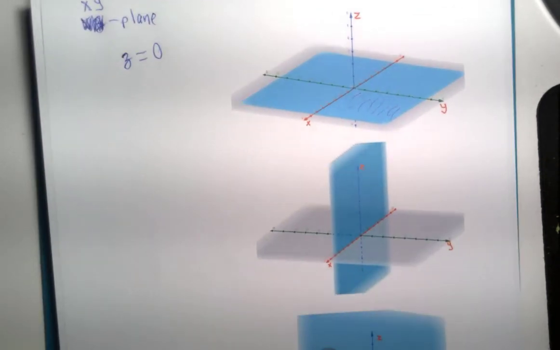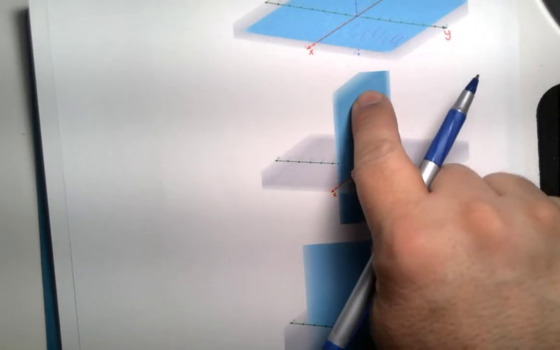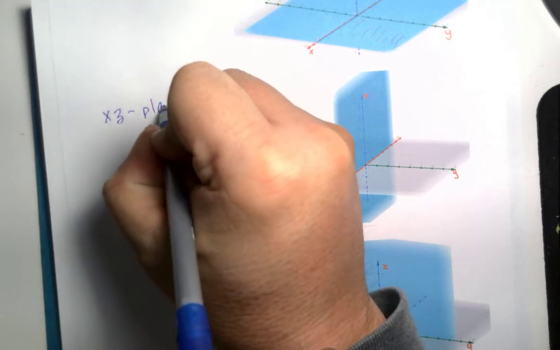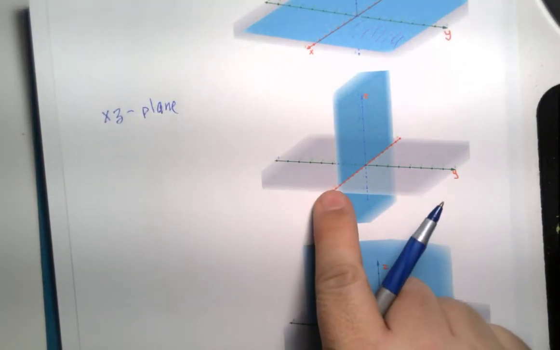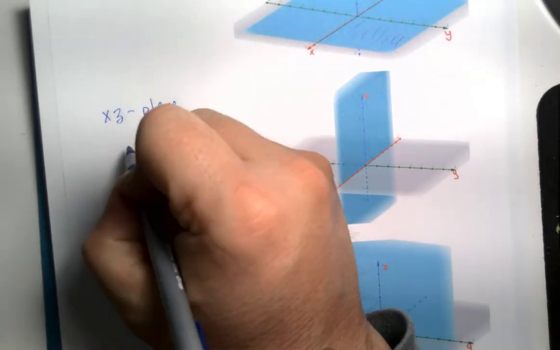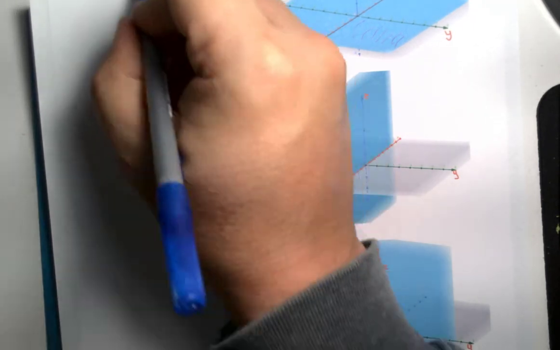All right. This next one here is the xz plane. Well, the xz plane separates your positive y values from your negative y values. So that is represented by the equation y equals 0.